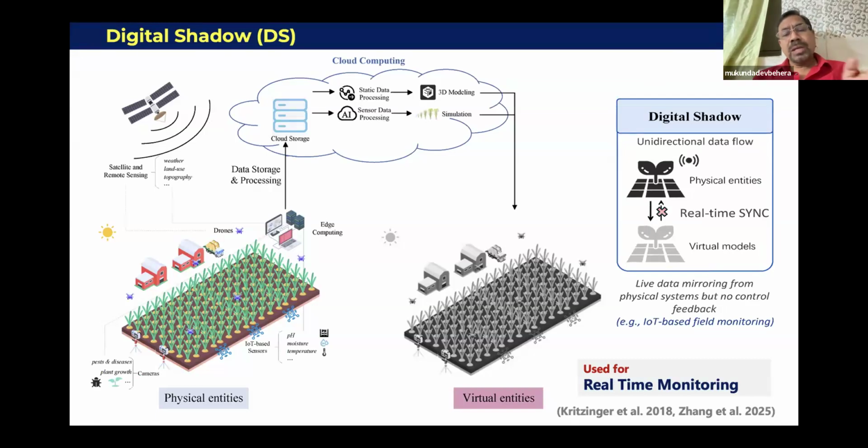When we take it into the digital space, we term this the digital shadow, which is a unidirectional data flow between the real physical system and the virtual entity.